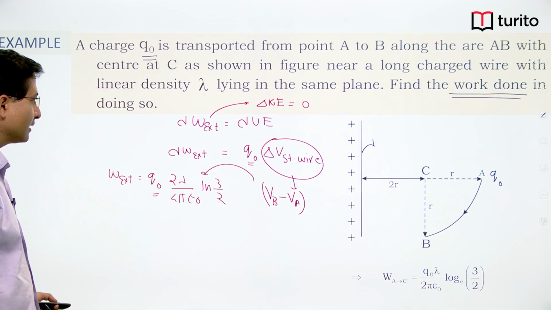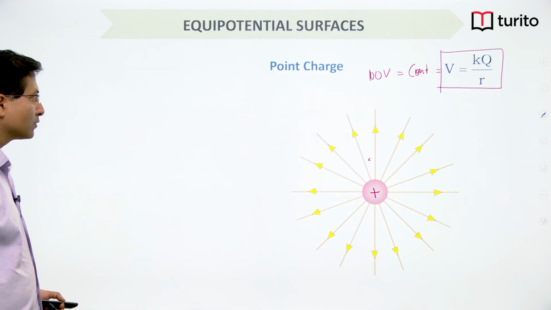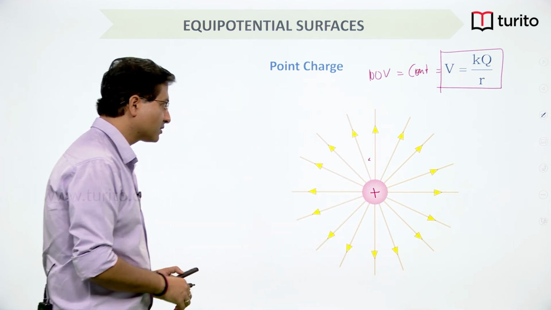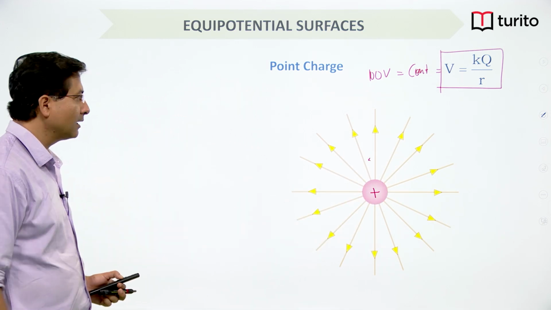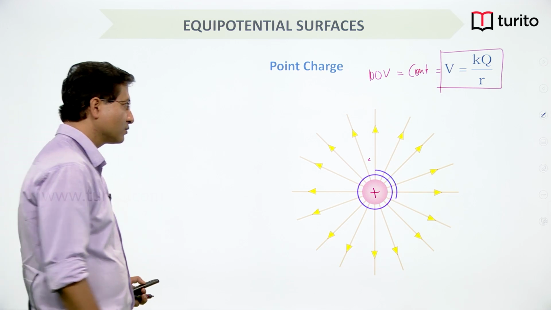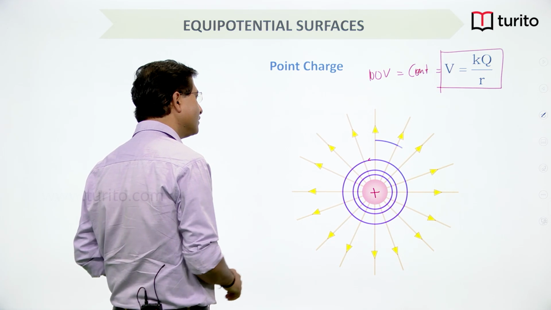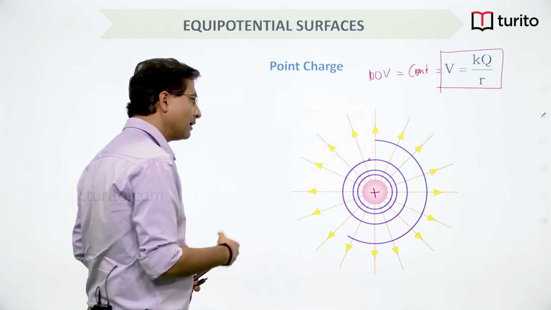Let us see it again. So, I want to draw equipotential lines. For a particular value of potential, I am getting circles. This one circle represents a particular value, another circle will represent another value.